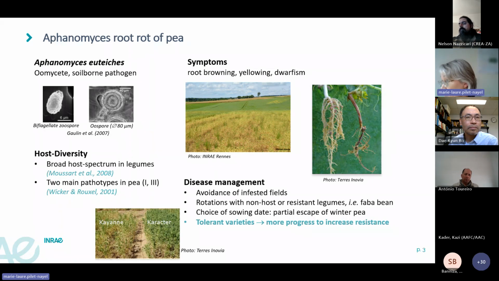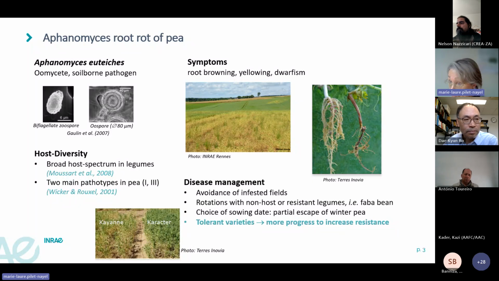We have a hypothesis also about the effect of these species in the early steps of the pathogen, I mean, on the attraction of zoospores. We have a PhD project currently, which is interested in looking at the effect of the root exudates from faba bean and from pea towards attractivity of zoospores.